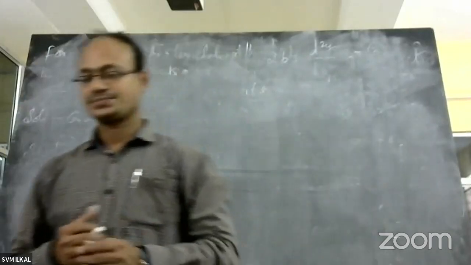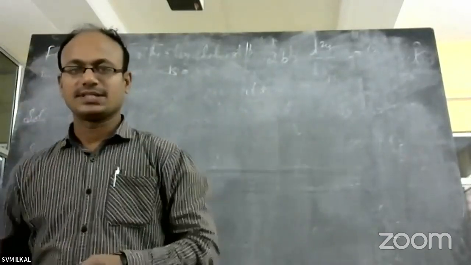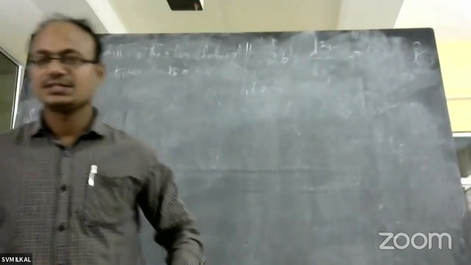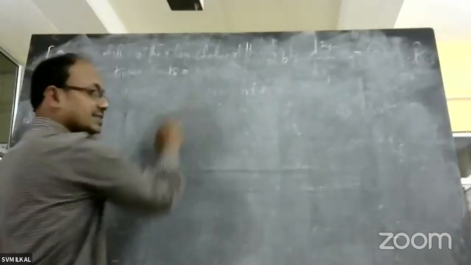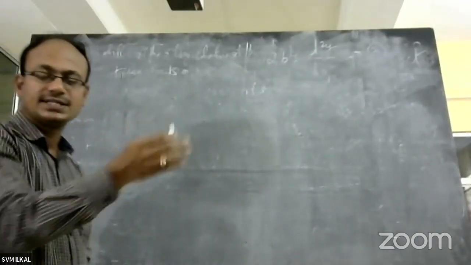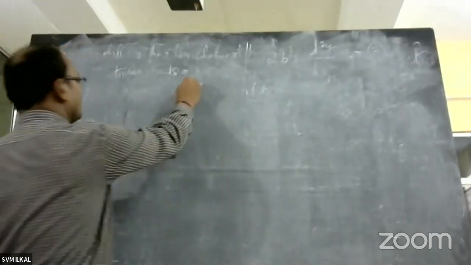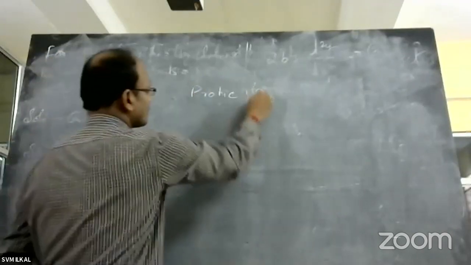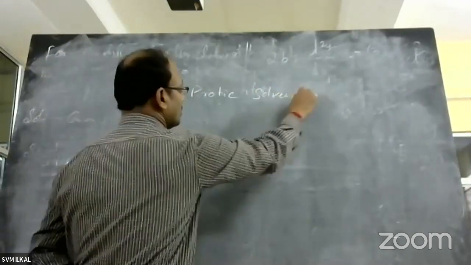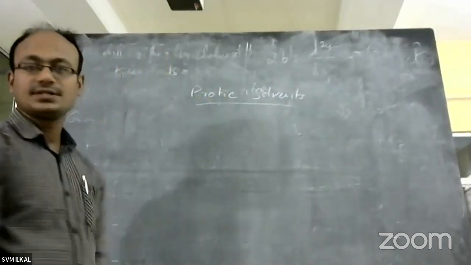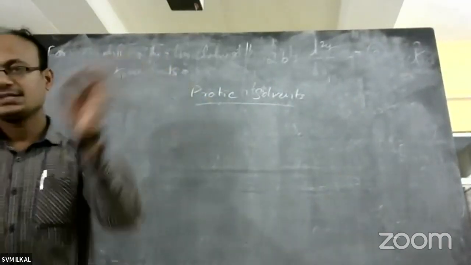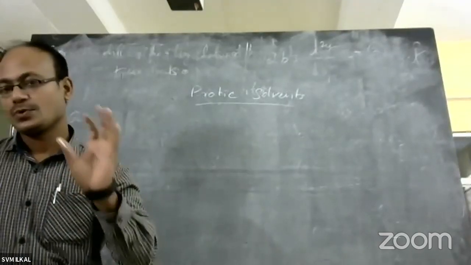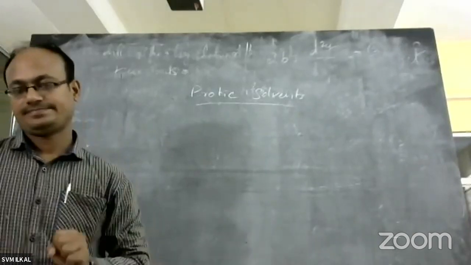Right? If you talk about another concept, that is protic solvents. As I told, protic solvents are another type of solvents, followed by the acidic, basic and amphiprotic. Protic solvents contain hydrogen from which protons can be derived.